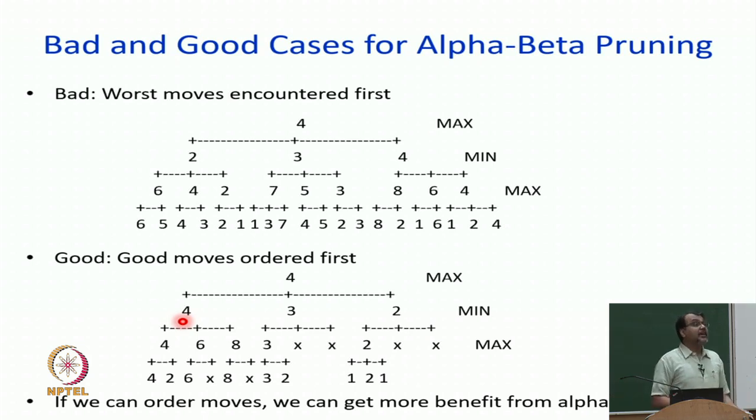To prove that, for every remaining child, I have to at least do one of their children. For this child, I have to do at least one expansion, the first child expansion, then I can prune the second and the third. Even for this 2, I have to first compute the first child, which gives me the 2, and then I can prune the second and the third.